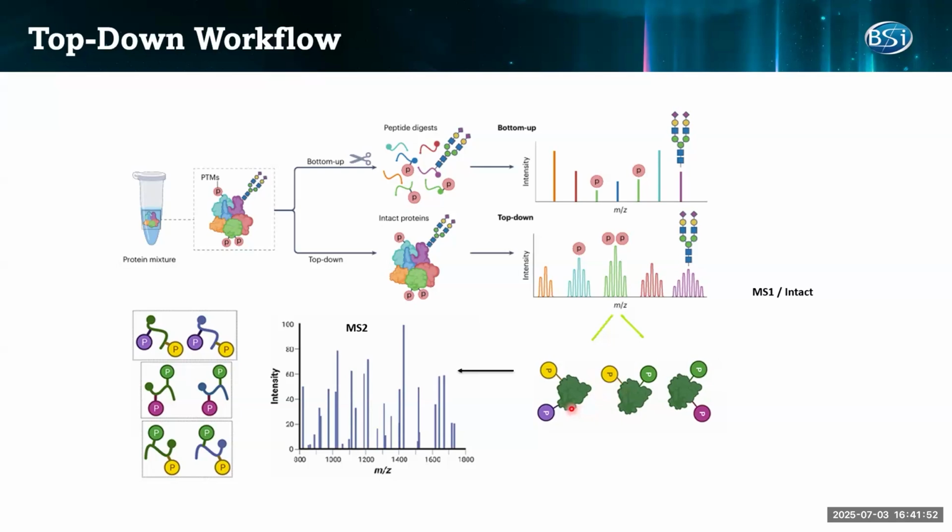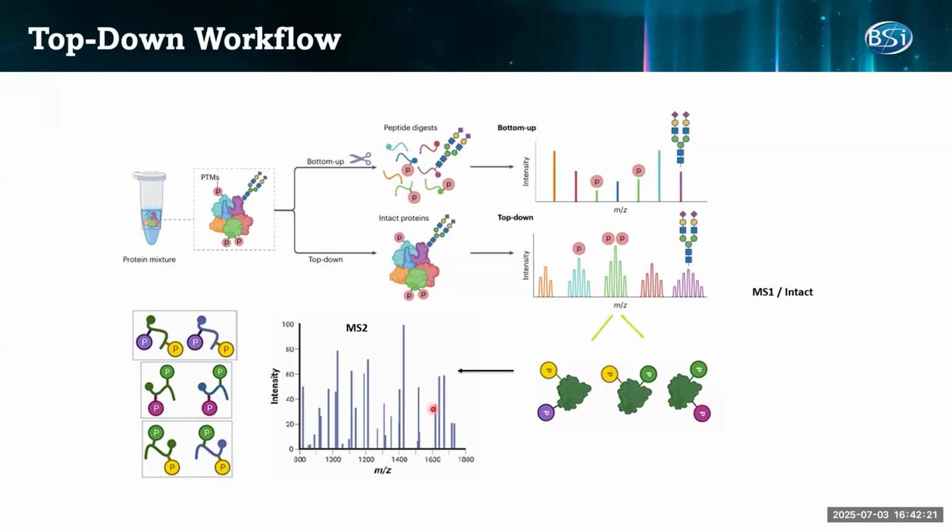Like this one, their mass is exactly the same, but they may have different positions of two modifications. If we are lucky in the retention time, they can separate. That's perfect. And then we will get tandem spectra, tandem events at different M/Z or retention time.